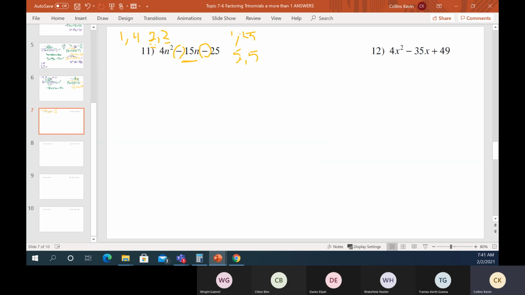That's a good thing to look for, is if your values here are going to give you an even number, just because when you multiply anything by 2, it's going to be even. That's all there is to it. Or 4, or any even number for that matter. So by looking at it saying I have an odd number here, that means one of my guys has to be an odd number, in this case 1. So we're going to do that. So we're going to have n here, and then we're going to have 4n here. Okay.